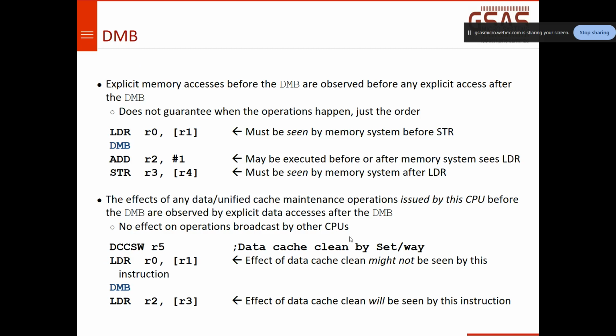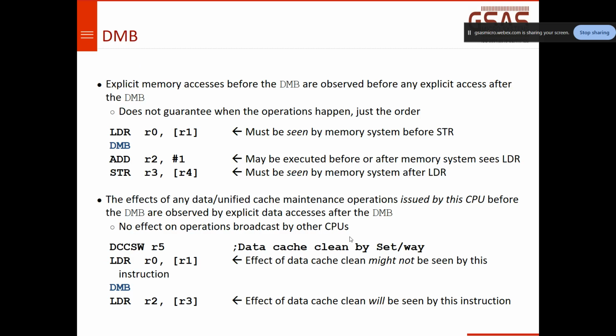So this DMB instruction ensures that this store happens only after reading the data from the cache memory. The ADD instruction can be executed speculatively, meaning we cannot tell the processor that ADD has to be executed after DMB. It can execute even before DMB. As I told you, DMB is very less restrictive, because DMB only observes and ensures that any explicit memory accesses are completed before any such instructions that come after DMB.